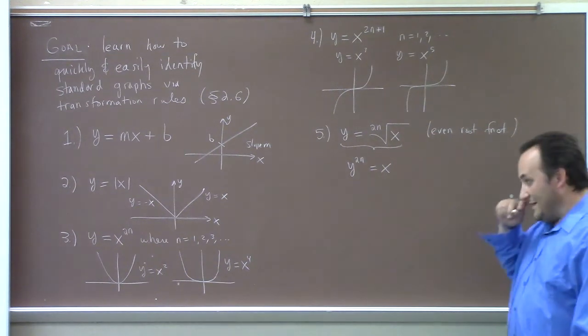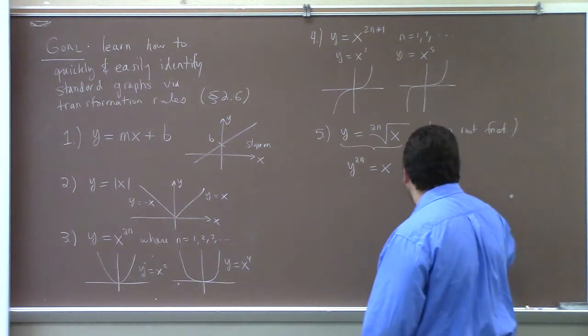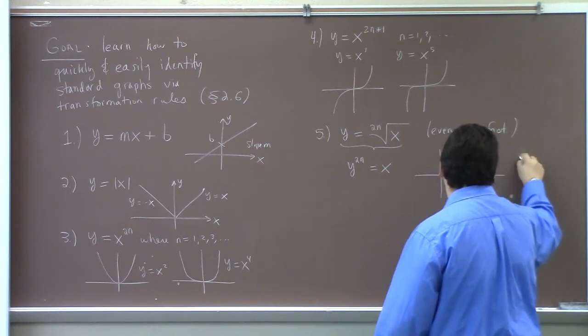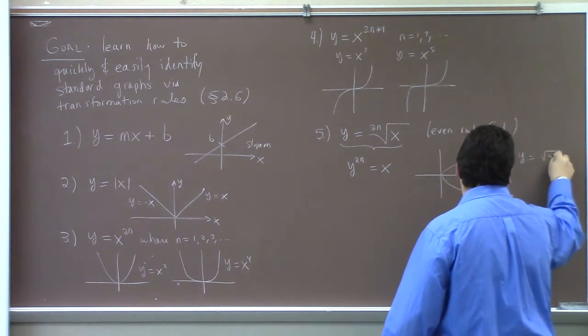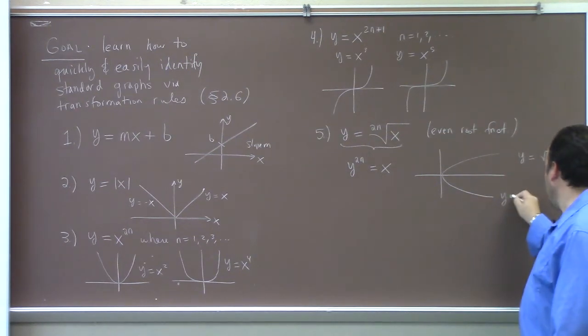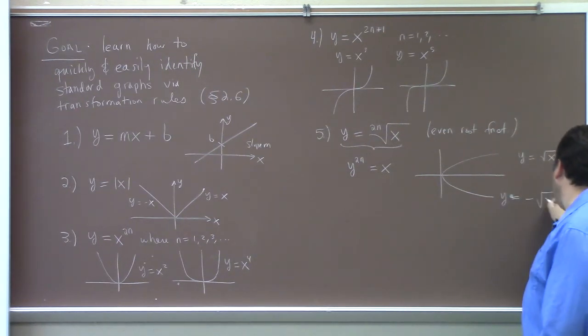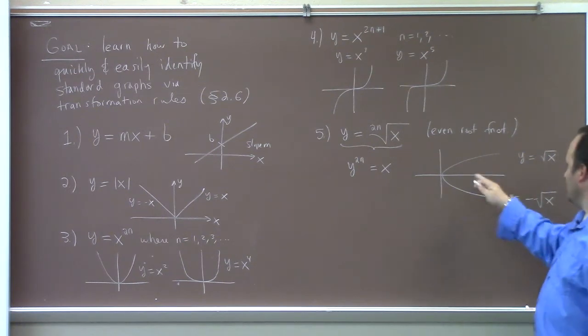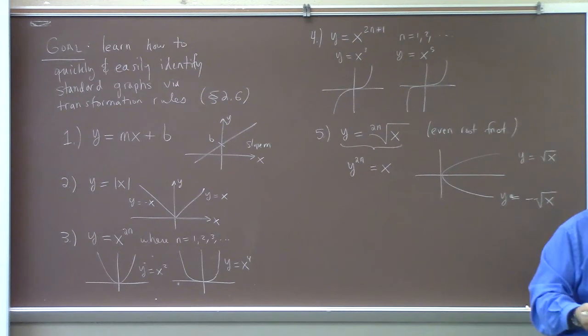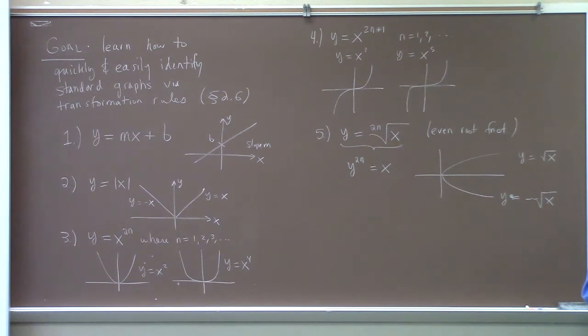So what I'm trying to say is we can look at the square root function as, here's y equals square root of x. Actually, this one down here is what? Minus the square root of x. So we don't get both, because the definition of even power is we take the positive root. If I take 16 and ask what's the square root of 16, the standard answer is 4.